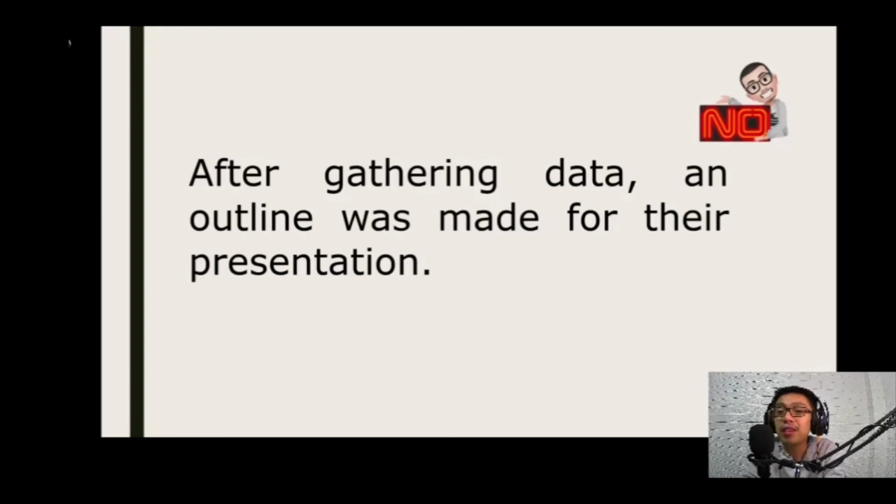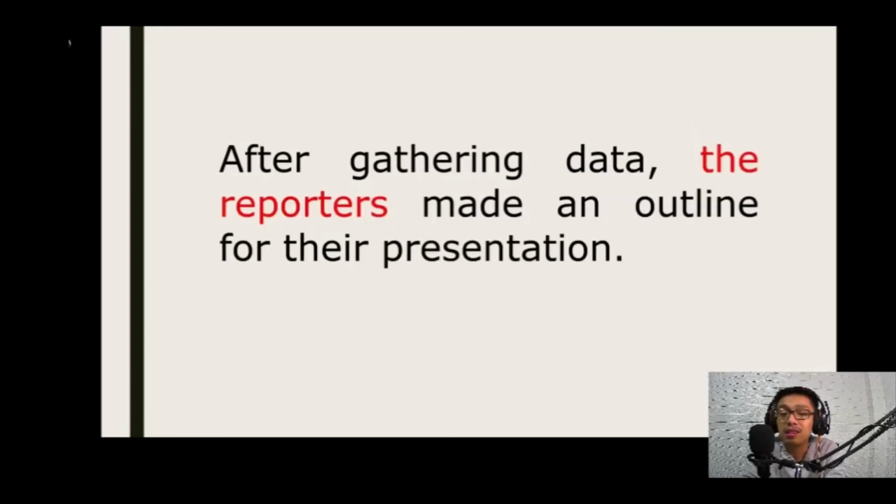Okay, so how are we going to correct this one? So we can say after gathering data, the reporters made an outline for their presentation. So to correct the sentence, we added the reporters, because they are the ones who gathered data. So they did the action, which is gathering data.